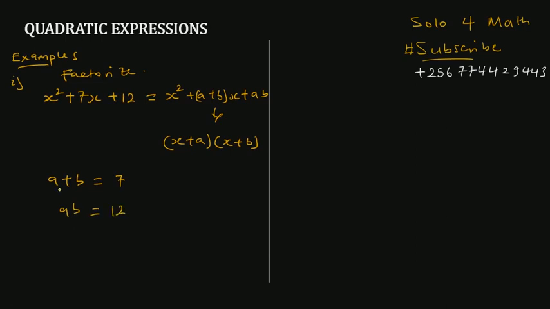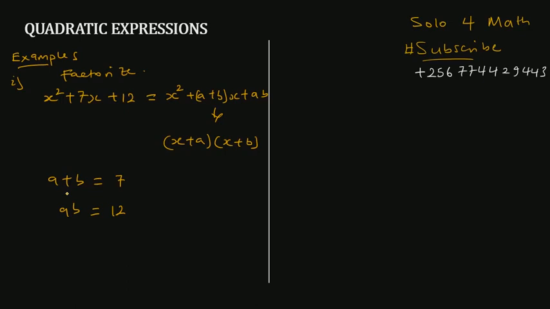Find two numbers so that when you add them, they give you the coefficient of x, with its sign. If it's a negative, then you also get the numbers that give you that value. Then the same numbers when multiplied should give us 12.